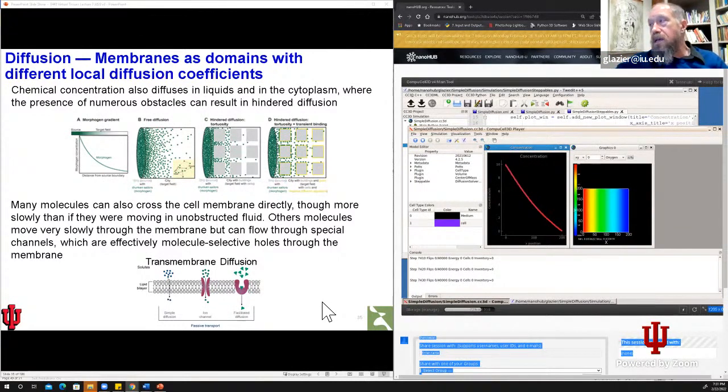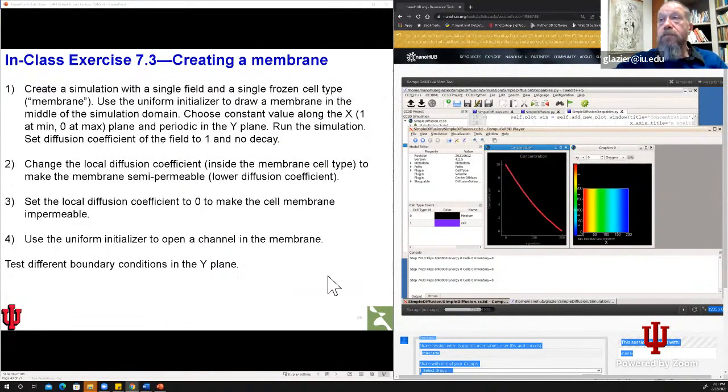I could do the same simulation that I've done here, putting a cellular barrier down the middle, and change the diffusion constant in that barrier. Let's try it together. We'll put a barrier in the middle here and ask what happens to the flow of the chemical, okay?